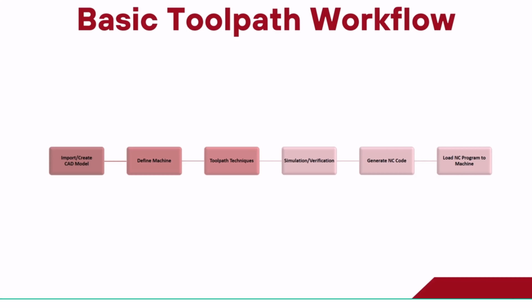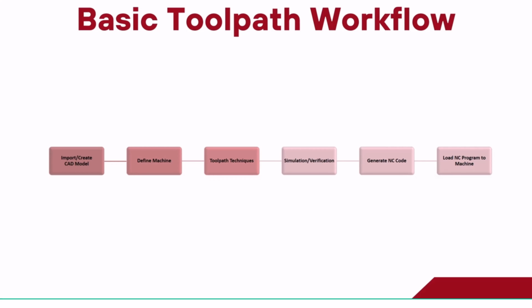Then after applying all the toolpath techniques, tools and cutting parameters, I have to check whether my toolpath is according to my requirements or not, whether the cutting toolpath is performed well, or whether the cutting tool is going to collide with the fixture or table or any other thing.